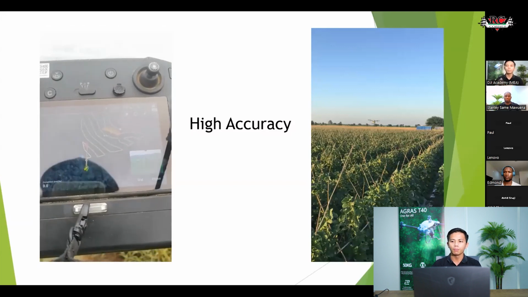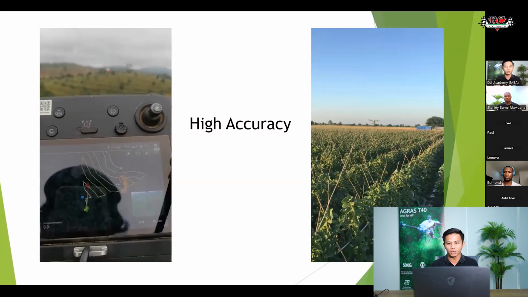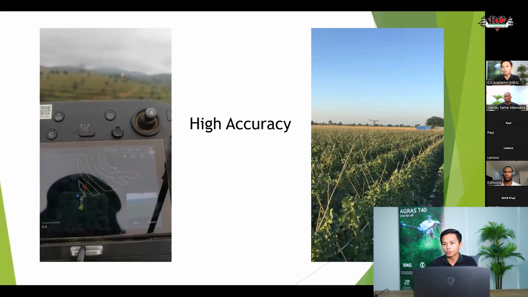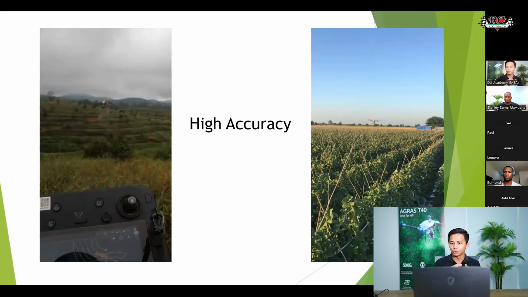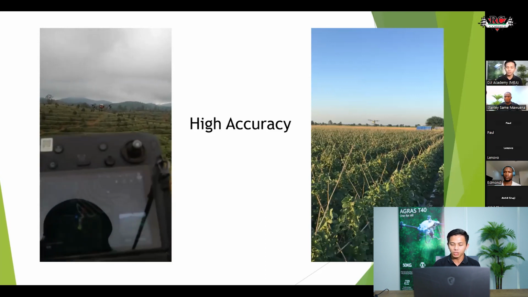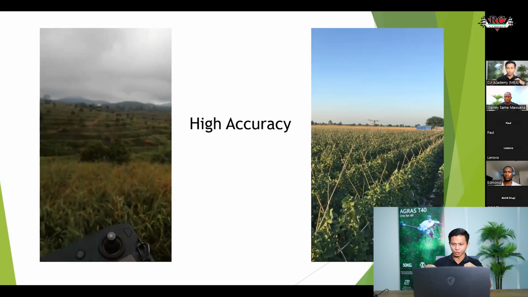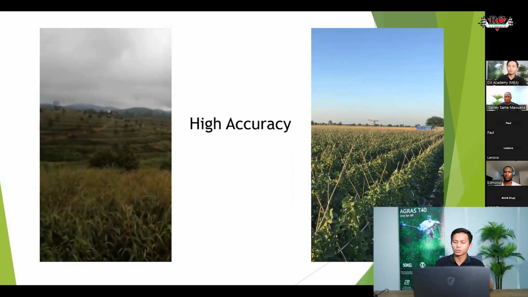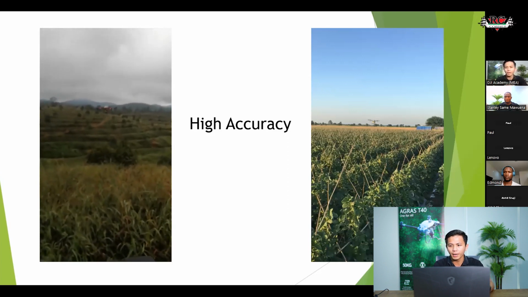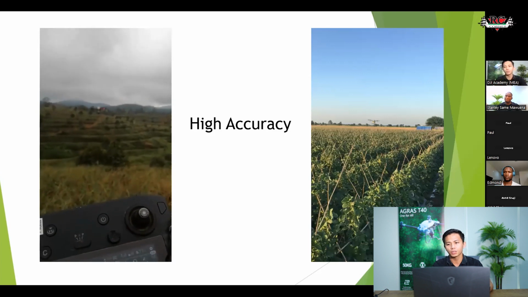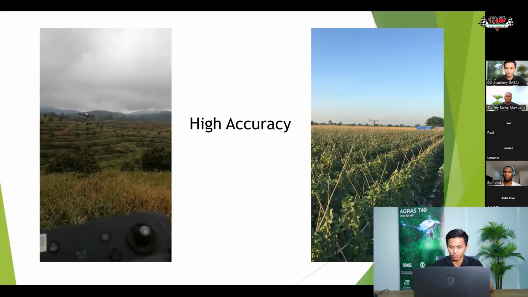You don't need to buy more. With the drone you buy exactly, so it saves you a lot of chemical, and you don't need to spray between two trees. You just plant, slide, and the drone does everything automatically.